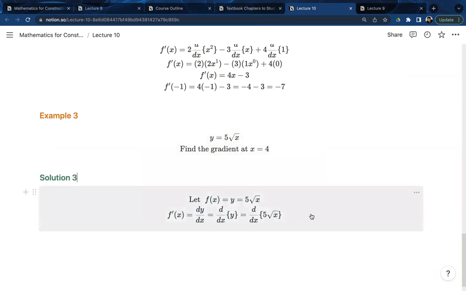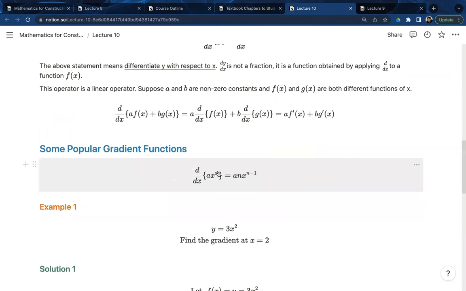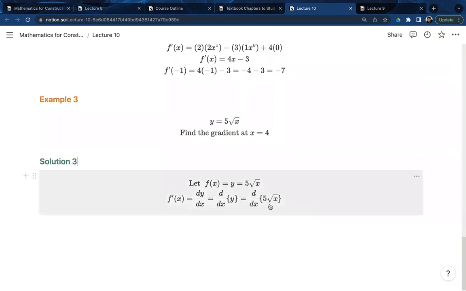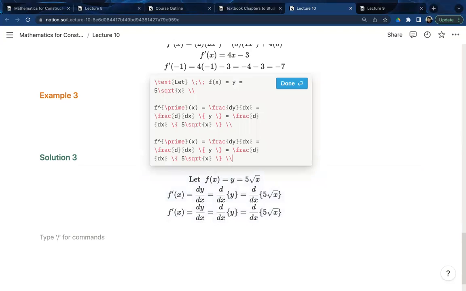Now, for polynomials, to apply the rule it is like this, right? Ax to the power n. So you have to write it as x to the power n. We don't have anything looking like that here. So I want to rewrite it. 5 square root of x.